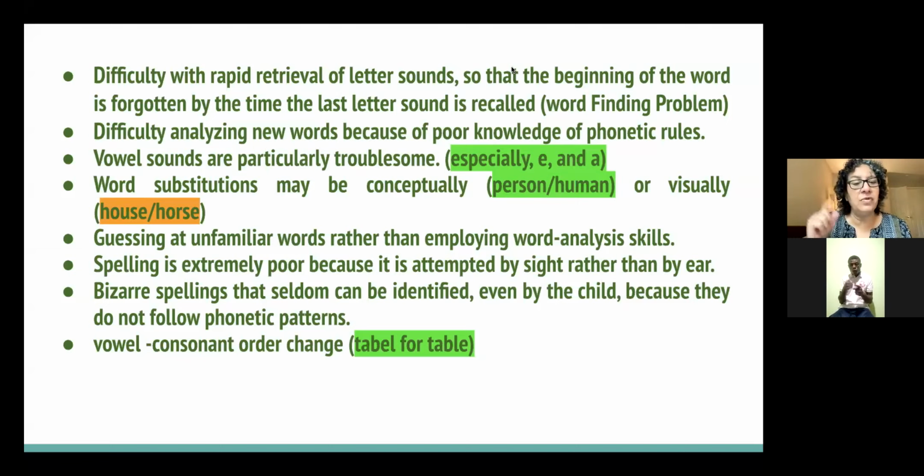For example, why do we use CK at the end of a word? If there is a short vowel sound in a one syllable word, and the ending sound is k, we write it with CK. So I'm going to show you an example of a phonetic rule if they don't know the rule.